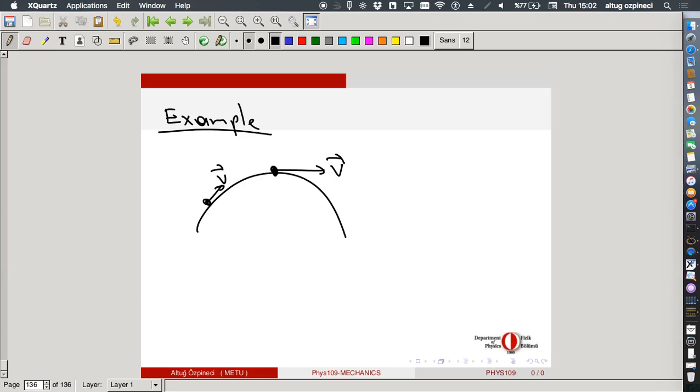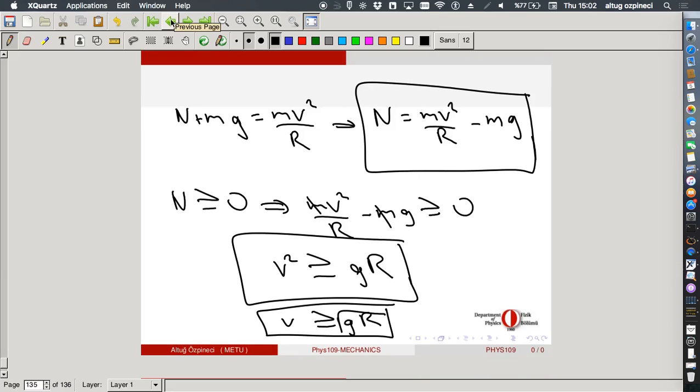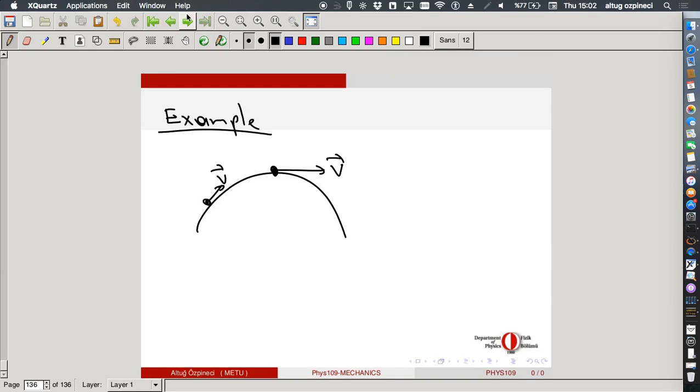If it goes slowly, you will not have that limit. Now, the difference between this one and the previous problem is that in the previous one, if it is going slowly, then it will lose contact and fall down. In this one, if it is going faster, it will lose contact. So you can ask, what is the minimum speed such that the mass doesn't lose contact at the top?